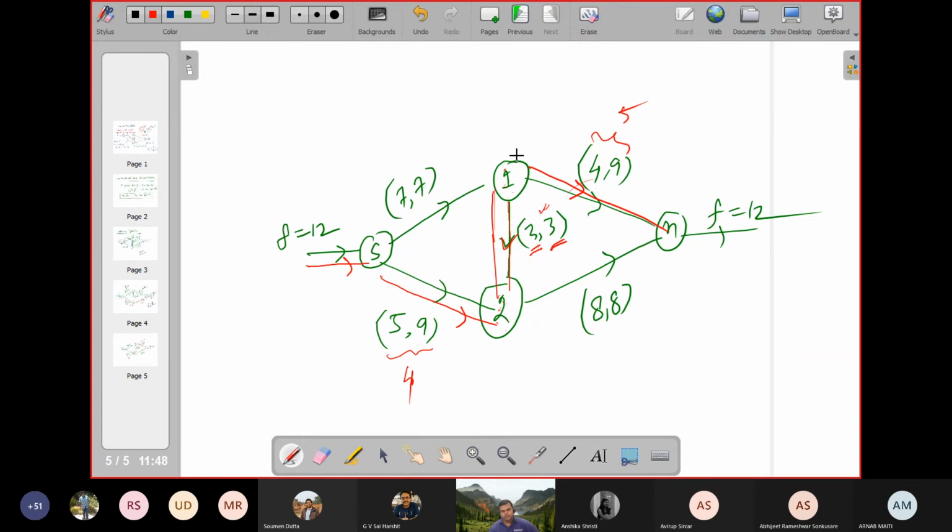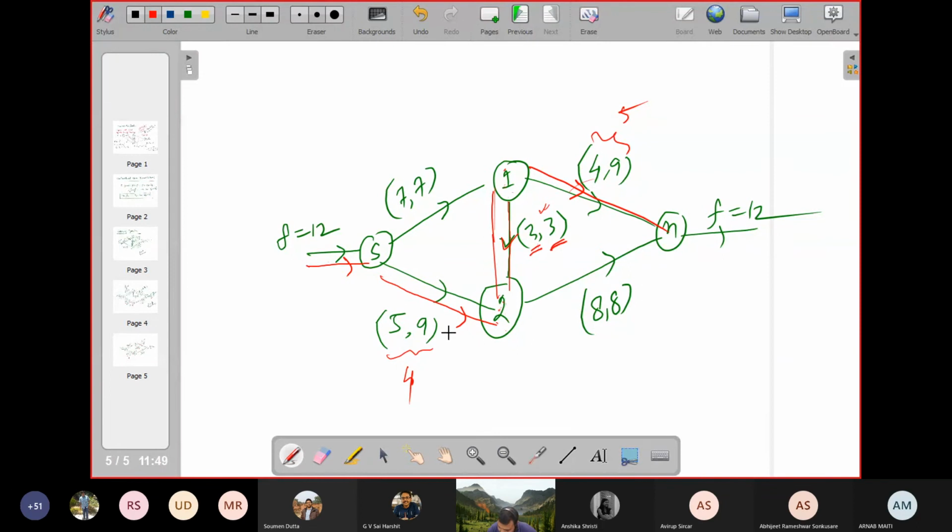Are you getting my point? Yes, sir. So this is one provision in this labeling routine, in this algorithm, that you can also consider backward flow by reducing the flow. And that is also limited by the capacity of the arc.